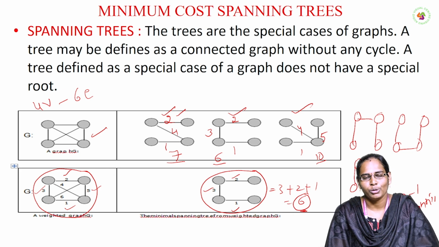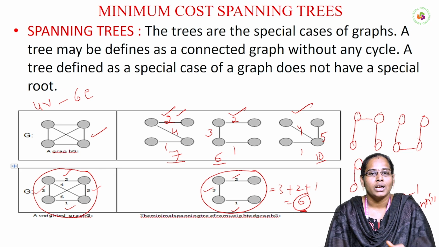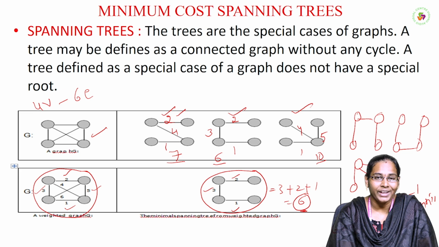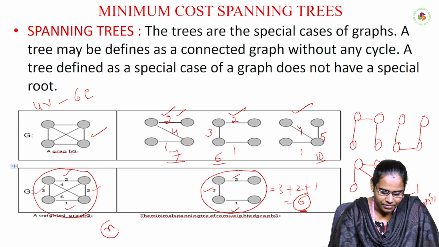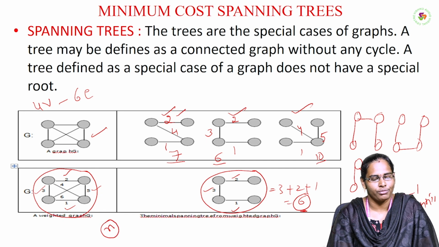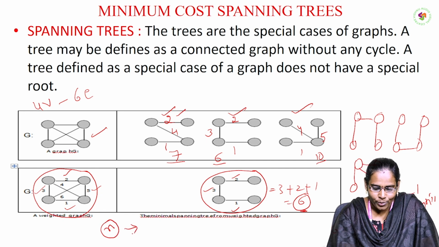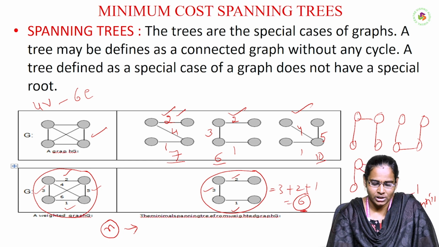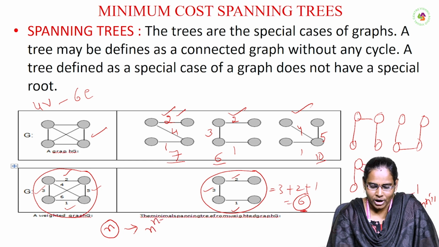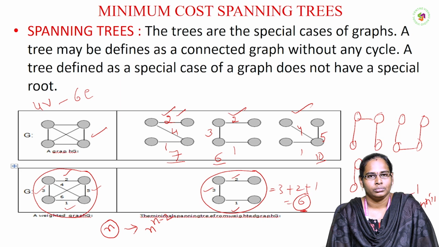For these spanning trees, suppose we have n number of vertices and a complete graph is there with n number of vertices, then how many possibilities do we have to generate spanning trees? It is n power n minus 2.